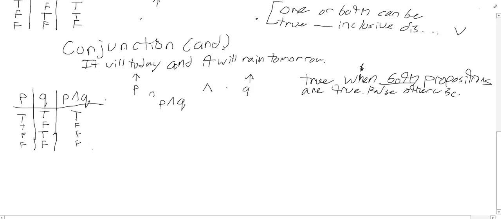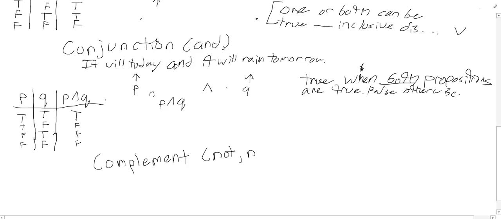All right, let's talk about another one. This one's a little weird because it's still a connective, but it only works on one statement at a time. That's the complement, otherwise known as not.